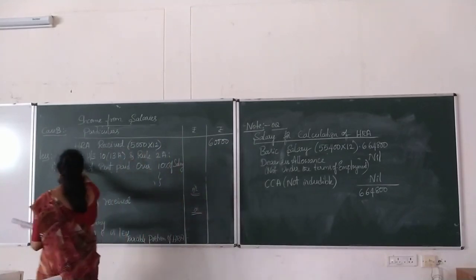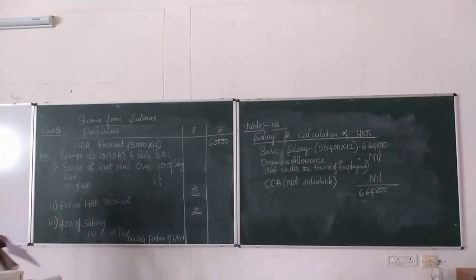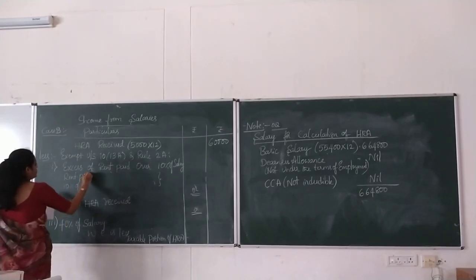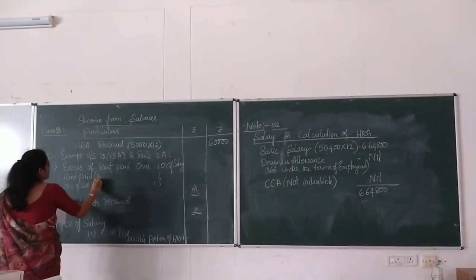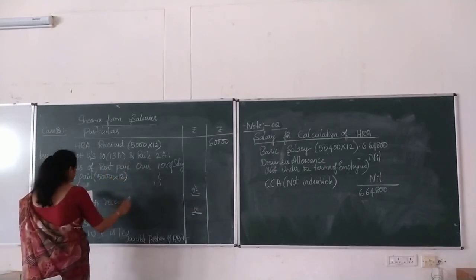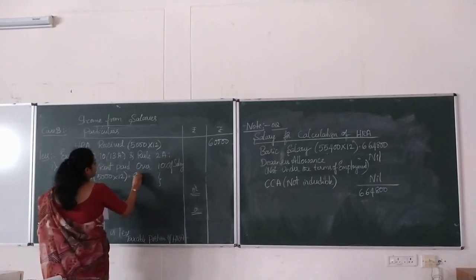Okay. Next, exemption under section 10(13A) and rule 2A says excess of rent paid over 10% of salary. What is the rent paid by him? Rent paid 5,000 into 12, 60,000. Correct?